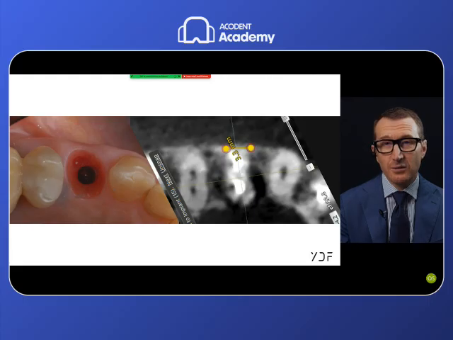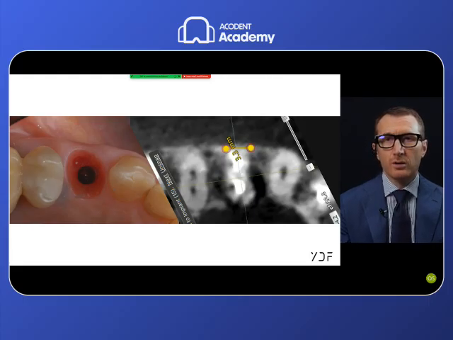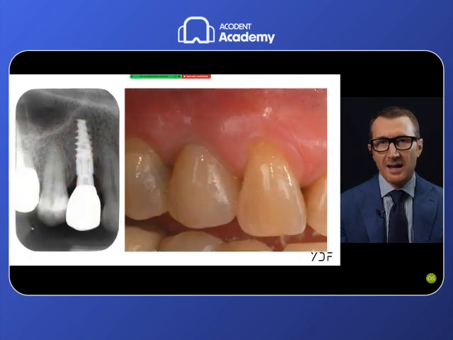But this is thanks to the fact that the distance between the two walls of the defect is very close, so the predictability and the stability of this environment is very, very high.